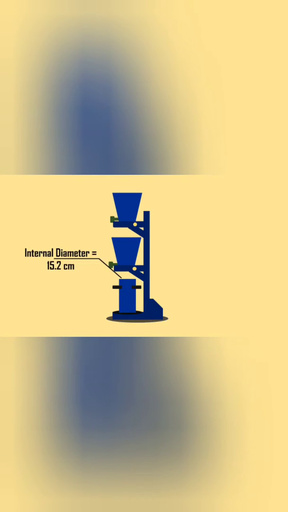And a cylinder of internal diameter 15.2 cm and internal height 30.5 cm. The distance between the upper and lower hoppers and between the lower hopper and cylinder is 20.3 cm.